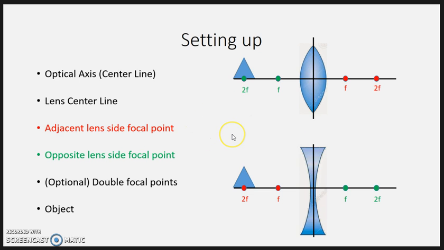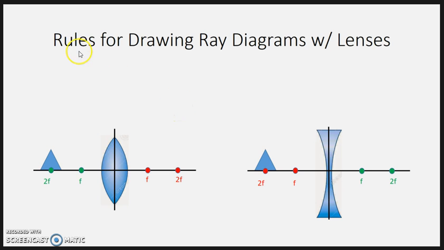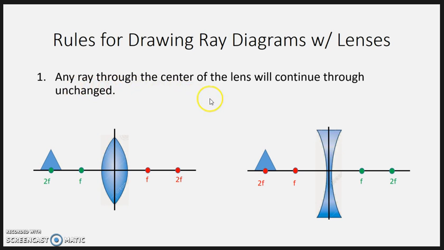So let's jump on over to our first rule. When you're drawing ray diagrams for any lens, the first rule is a very nice quick rule: any ray through the center of the lens will continue through unchanged.